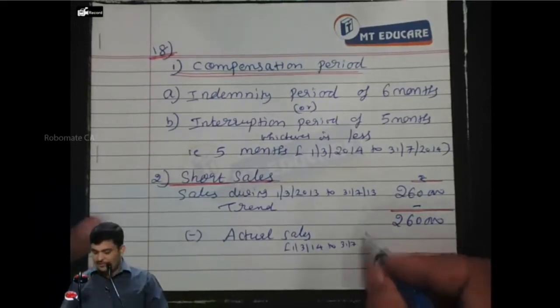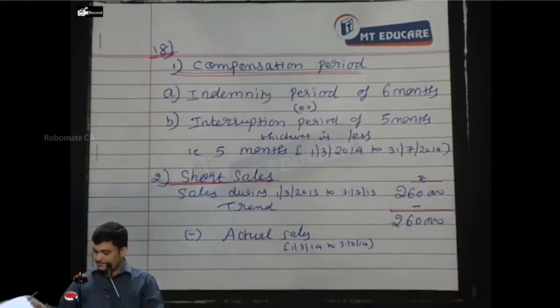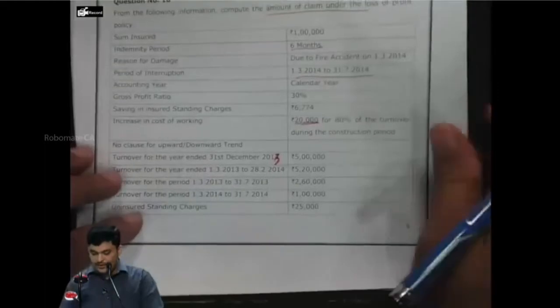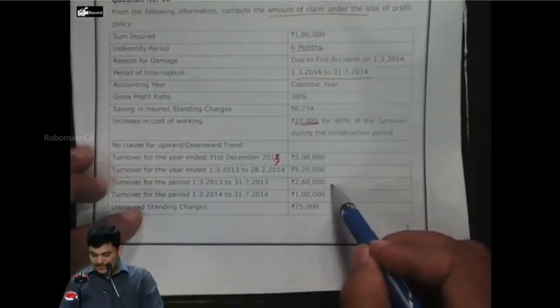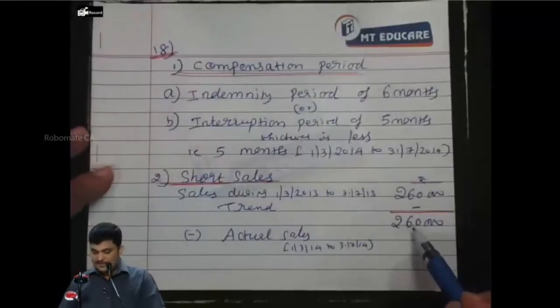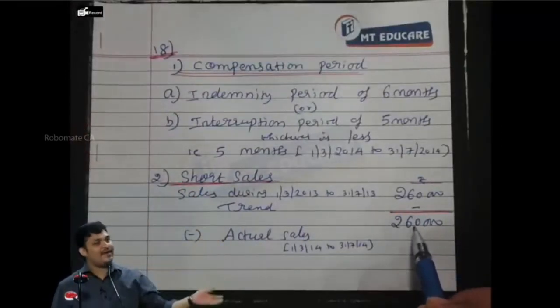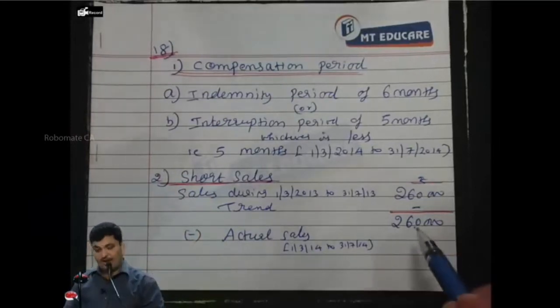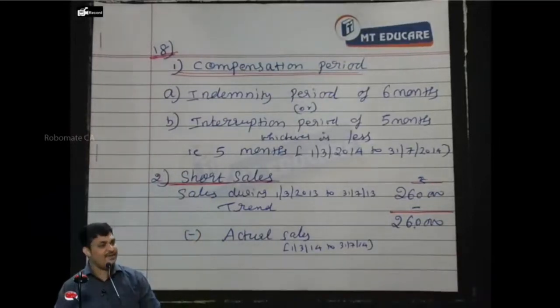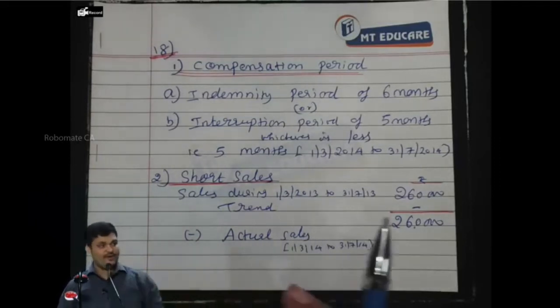1/3/2014 to 31/7/2014, which is given in the question. They wanted you to identify. Here it was 2,60,000 given, then it is given as 1,00,000. So this is what I made in the previous year. If fire had not occurred, I would have expected 2,60,000 during the current year also. But because of fire, I could make only 1,00,000.